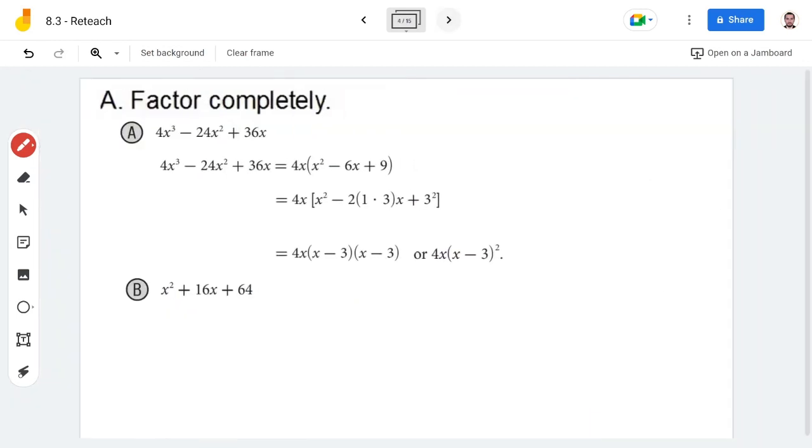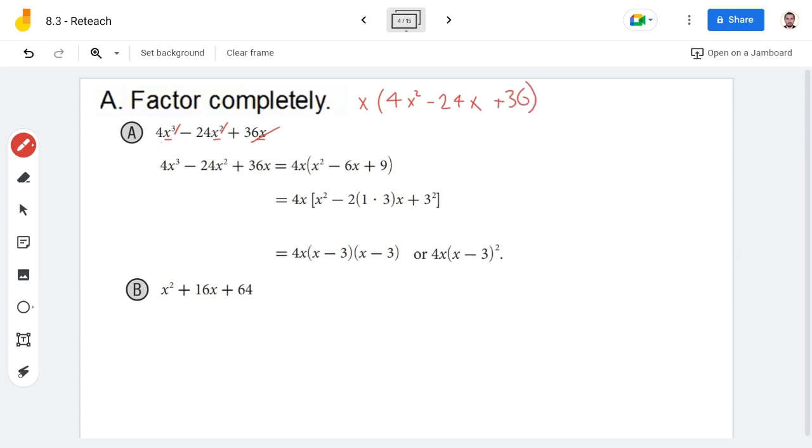Now, look at the first example here. Factor completely the following quadratic. We have 4x cubed, 24x squared, and 36x. First thing, x is a common factor from the three terms, so the first thing you need to do is take out 1x from each term. If I take x as a common factor, my function will be x squared minus 24x plus 36.